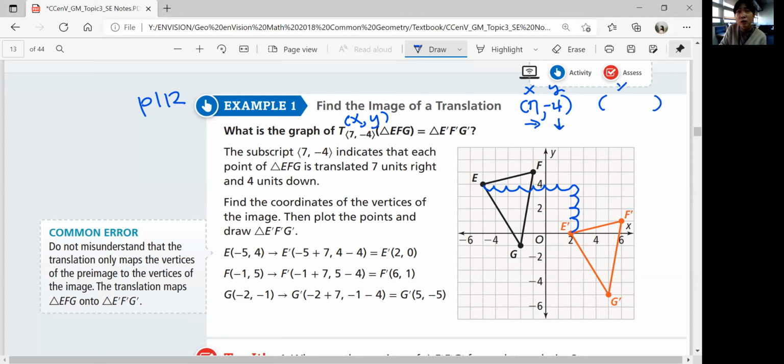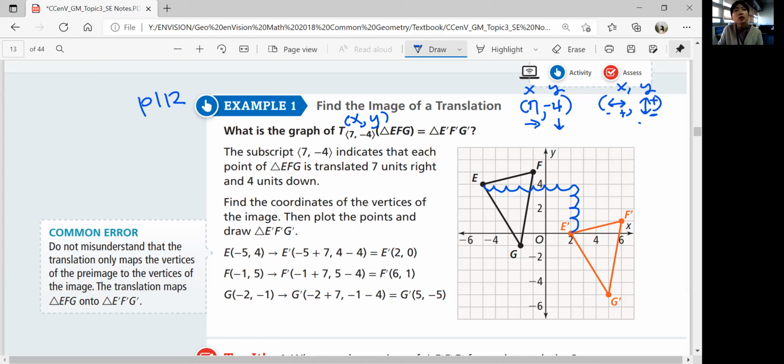You can think of it as left or right for your first unit, and up or down for your second unit. For horizontal, going left is a negative number, going right is a positive number. For vertical, going down is a negative number, going up is a positive number.